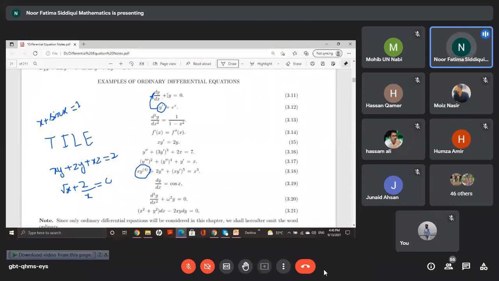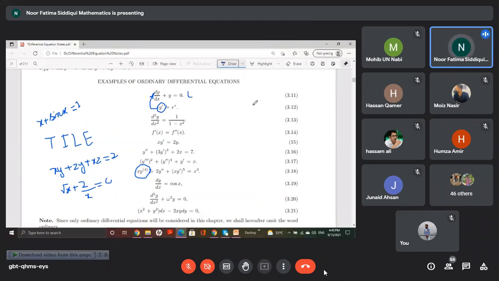It is a linear equation because the first term does not contain any product of derivatives. It does not contain any rational power of derivative. Plus this equation does not contain any transcendental function with dependent variable y. So 3.11 is representing a first order ODE with degree 1 and it is a linear equation. So I am writing L in front of it.